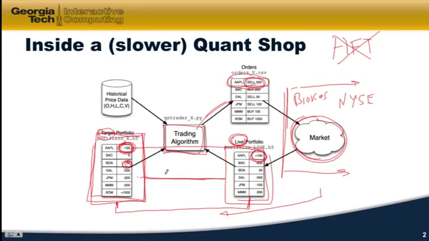Well, if you put out lots of large orders, you're going to cause the market to move against you, and the efficiency of your ideas and of your portfolio is going to be hampered by the changes in price. So often these sorts of trading algorithms don't just directly make the orders that bring the portfolio in line. They make lots of small orders to cause it to happen slowly and not affect the market so strongly.